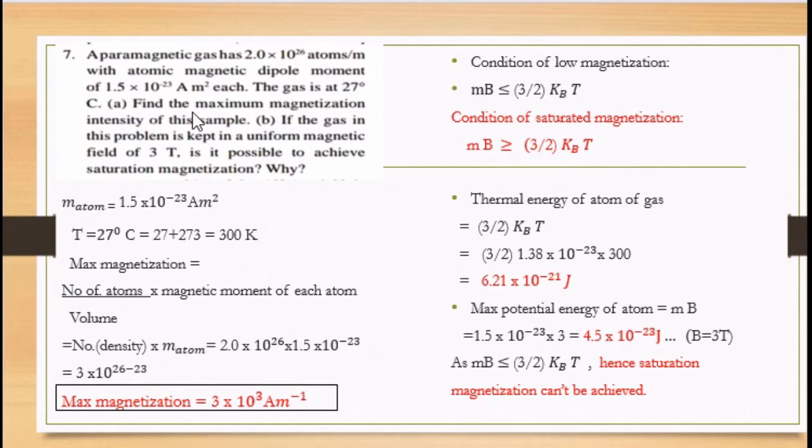Find the maximum magnetization intensity of this sample, and if the gas in this problem is kept in a uniform magnetic field of 3 Tesla, is it possible to achieve the saturation magnetization?